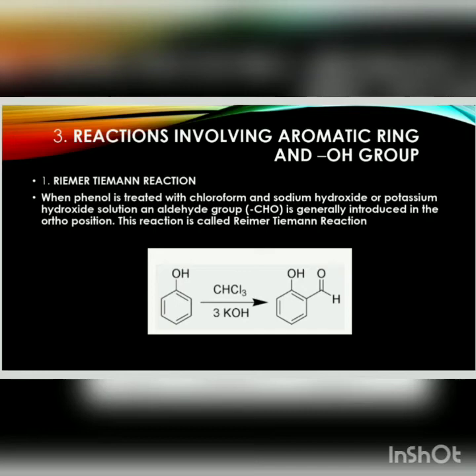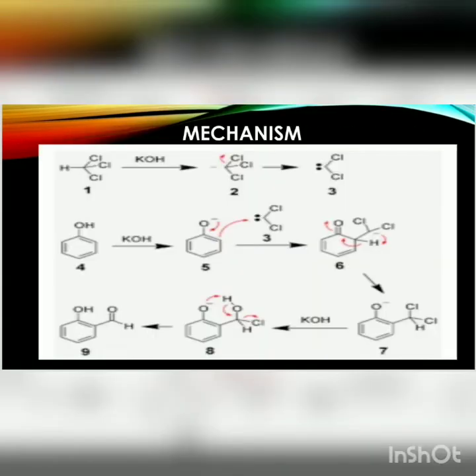The Reimer-Tiemann reaction is when phenols are treated with chloroform in the presence of a base like sodium hydroxide or potassium hydroxide to produce ortho-hydroxybenzaldehyde and para-hydroxybenzaldehyde. So we will see the mechanism. In this mechanism we have 3 steps.